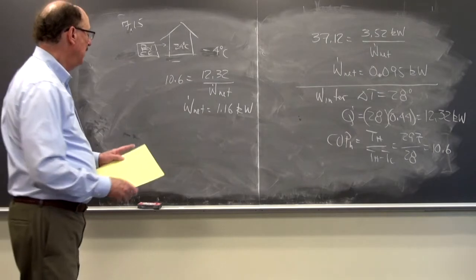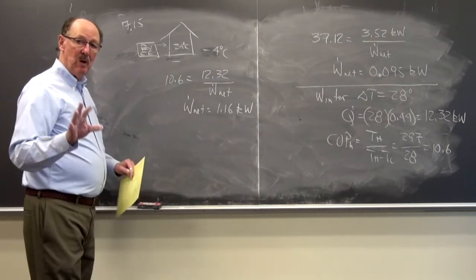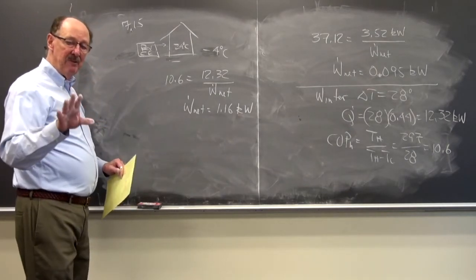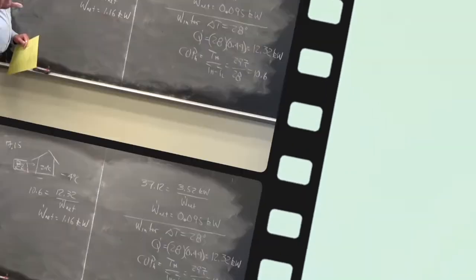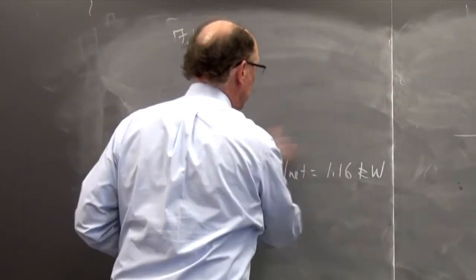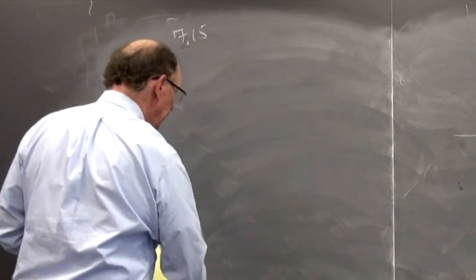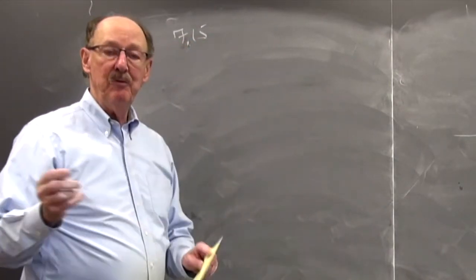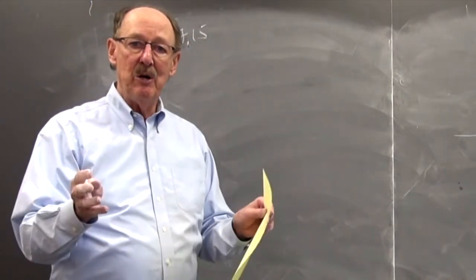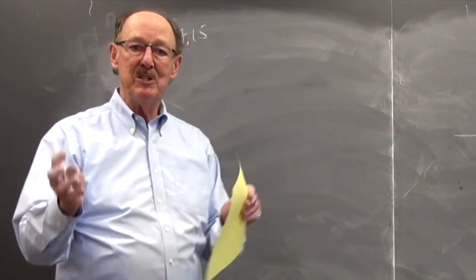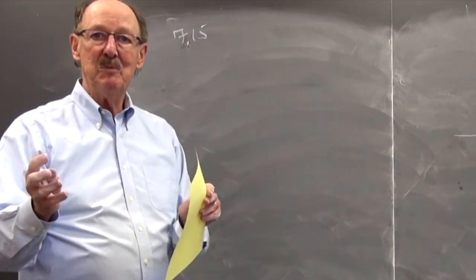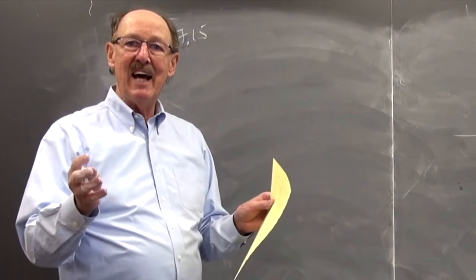So I'd like to introduce one more simple topic, and then assign homework for this area. And so now that we've had a Carnot engine that produces power and a reverse Carnot engine that consumes power, wouldn't it be nice if they got along?